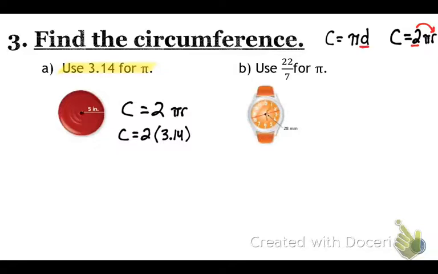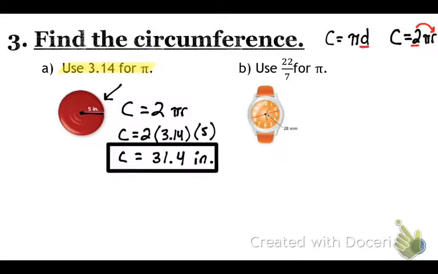It's right here from the center to the edge. It tells me right there what the radius is. So times 5. All right, when you multiply those together, guys, what's the circumference? 31.4 inches. So basically, the distance around that little red circle is 31.4 inches.